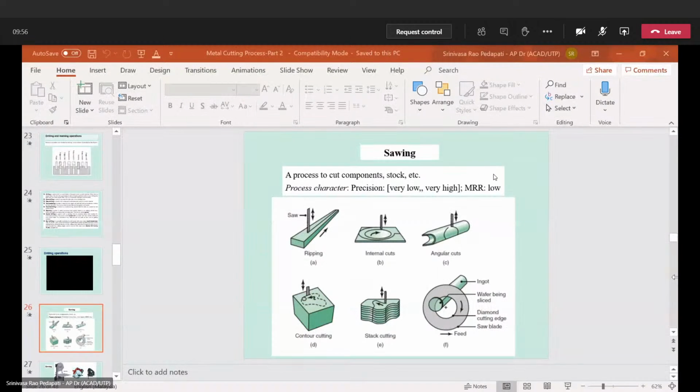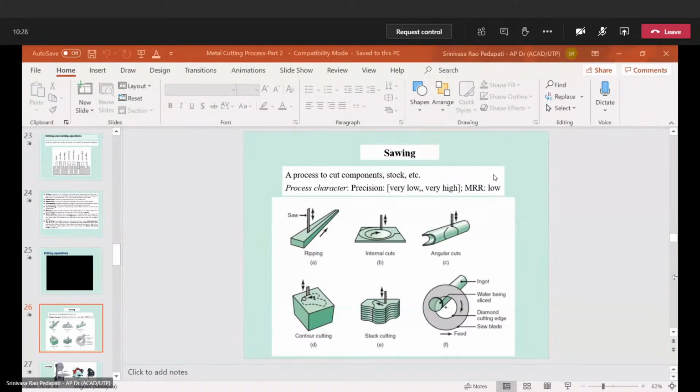So let us see the remaining part of machining operations. In the previous class, we had drilling, before that reaming, before that lathe operations, and so on. So finally, let us come to another group of machine tools, or another group of machining operations.